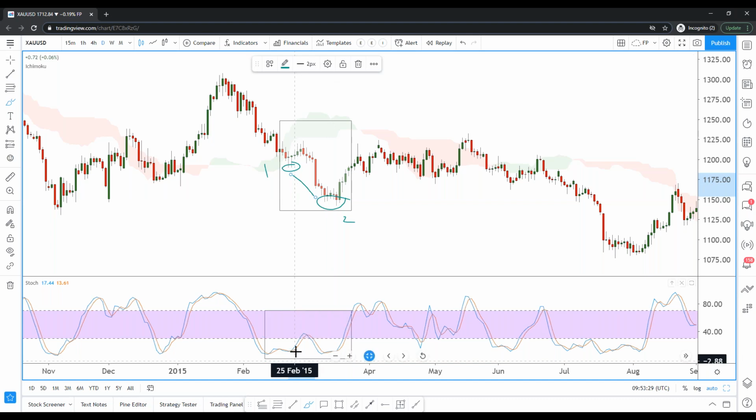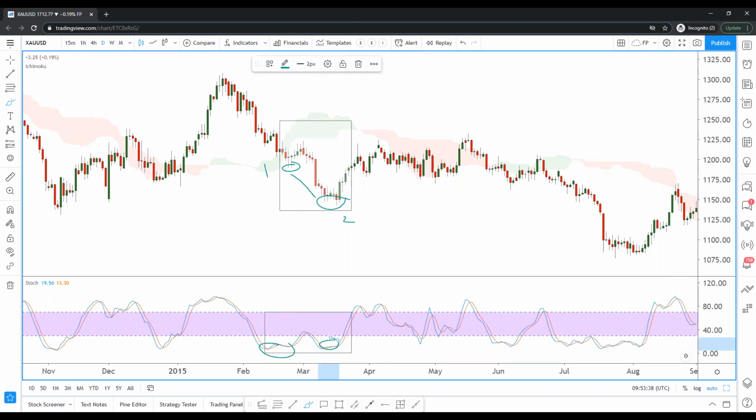But let us look at stochastics. On stochastics, this is the first low that corresponds, and this is the second low. In this case, stochastics is forming higher lows. What this shows is that there is bearish momentum, but right now the bearish momentum could be exhausted, because the change in price momentum from stochastics tells us that there could be a reversal.